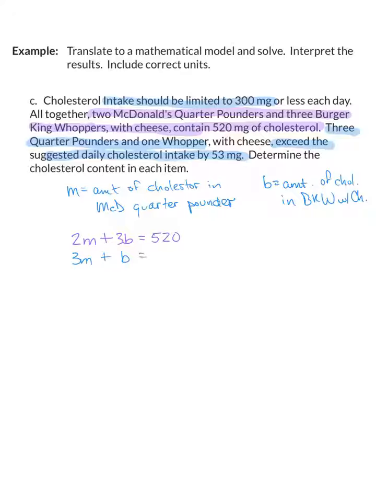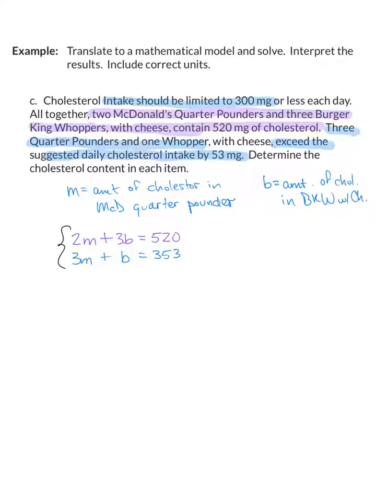And if we're going to exceed the daily cholesterol intake by 53 milligrams, that means it's more than 300 milligrams. So this is going to equal 353. We take our 300, which is our limit or our suggested daily intake, and we want to add 53 onto that. So here is our model.